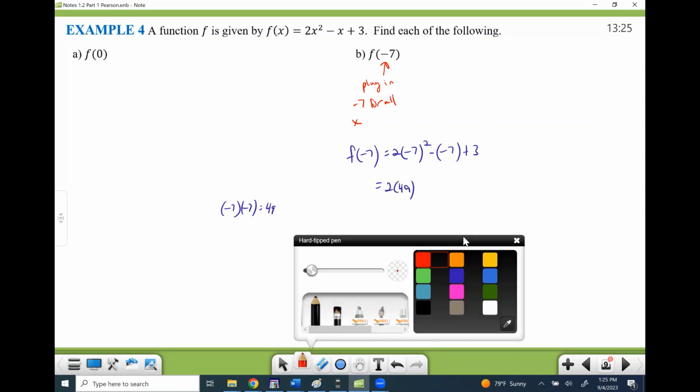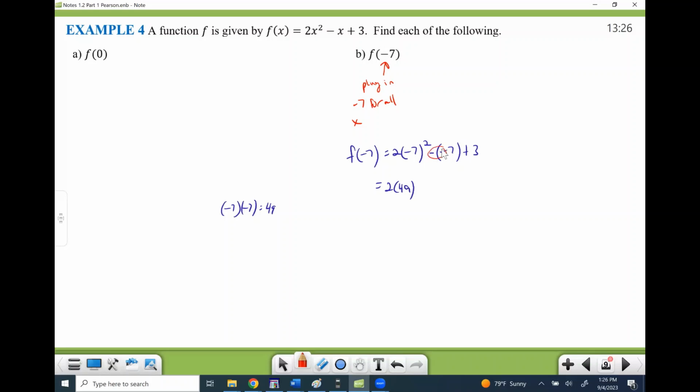And then right here, these two negatives, a negative times a negative equals a positive. So we're going to have a +7 on this line. All right, so 2 times 49 is 98. And I'm just going to go ahead and combine the 7 and the 3 because they make 10. And so it looks like we're going to get 108 for part B.